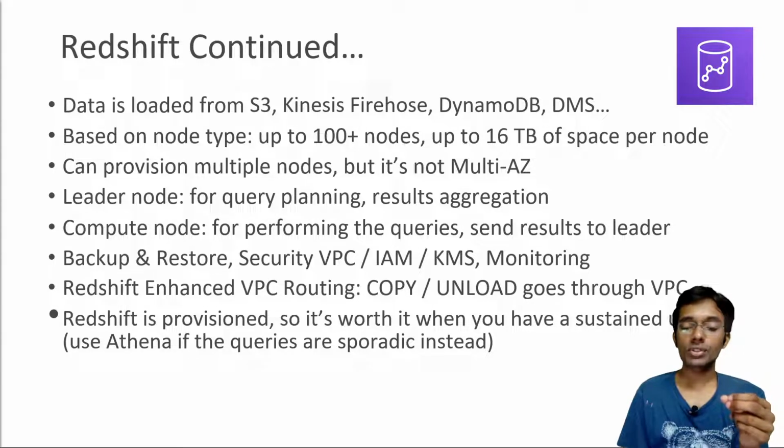So it gives you better performance and lower cost. Finally, remember that Redshift is something you have to provision, so it's only worth it when you have sustained usage of your cluster. If your queries are sporadic, Athena is a much better choice for doing the query.